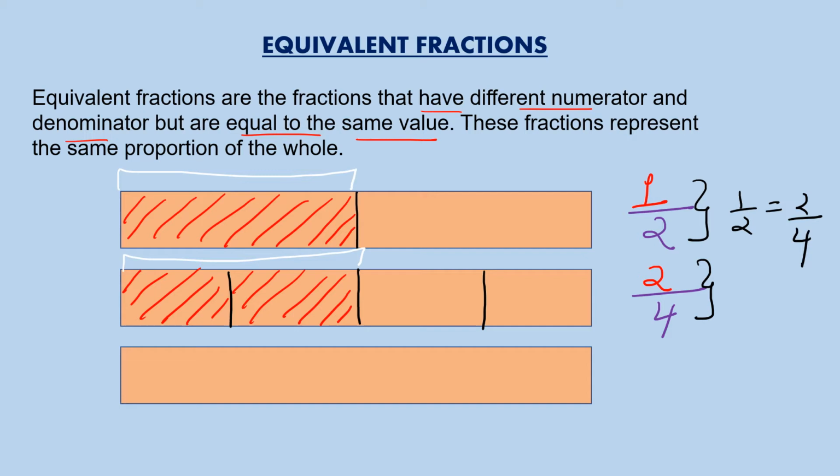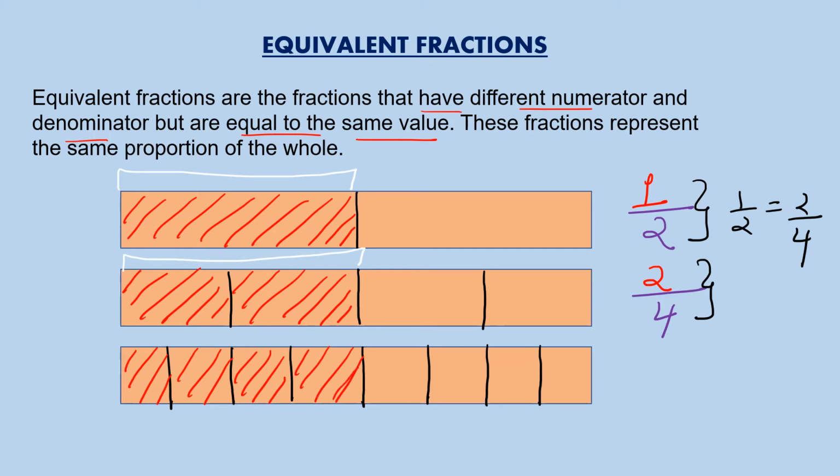Now let's imagine I divide this chocolate into 8 equal parts. Out of 8 parts, I ate 4 parts of this chocolate, so I am shading 4 parts. The fraction of the chocolate I have eaten is, because there are 8 equal parts, we write 8 in the denominator, and I ate 4 parts, so we write 4 here.